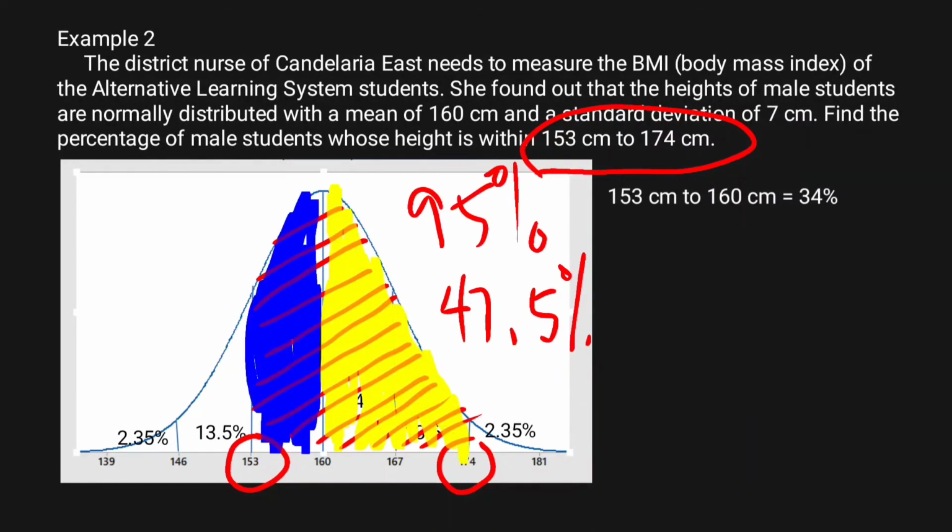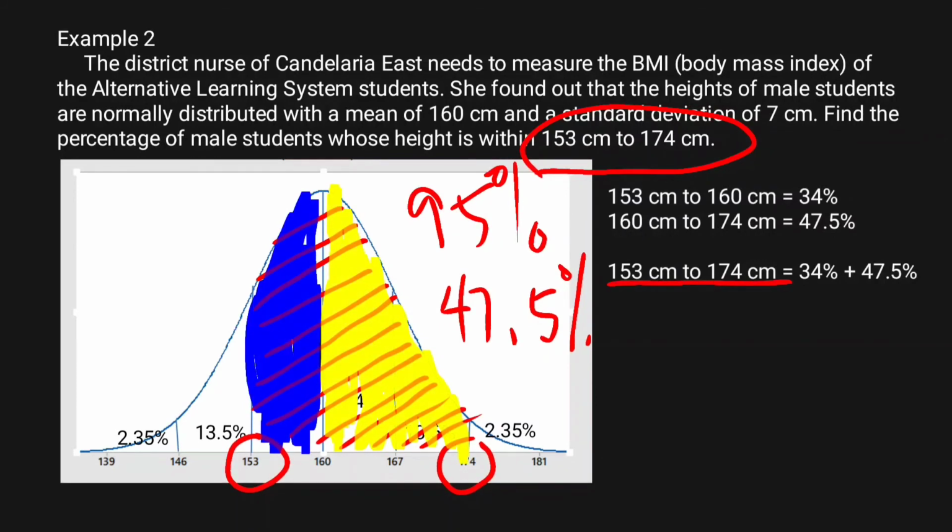Okay, so kalahati niya is 47.5%. Okay, so 160 to 174 is 47.5. So, i-add lang natin yan, dalawang yan. So, therefore, 153 to 174 cm is 34% plus 47.5%. So, therefore, that is equal to 81.5%.